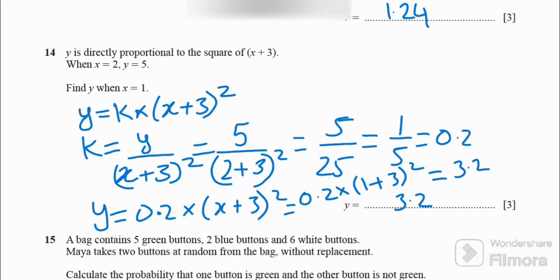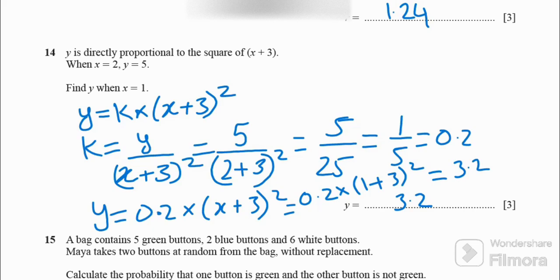Question 14 states y is directly proportional to the square of x plus 3. When x is 2, y is 5. Find y when x is 1. Y is equal to k multiplied by x plus 3 to the whole square. So first we have to calculate k. So k will be y divided by x plus 3 whole square. So 5 divided by 2 plus 3 squared will be 5 divided by 25. 5 divided by 25 will be 1 over 5, that is 0.2.